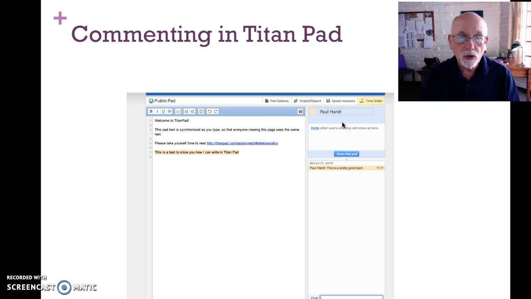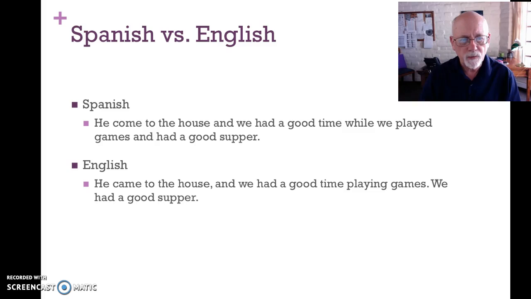The person who originated the paragraph will be in one color, and you will have a different color, okay? So try that out, and we'll start using that, I believe, next week when we have the school uniform discussion, okay?